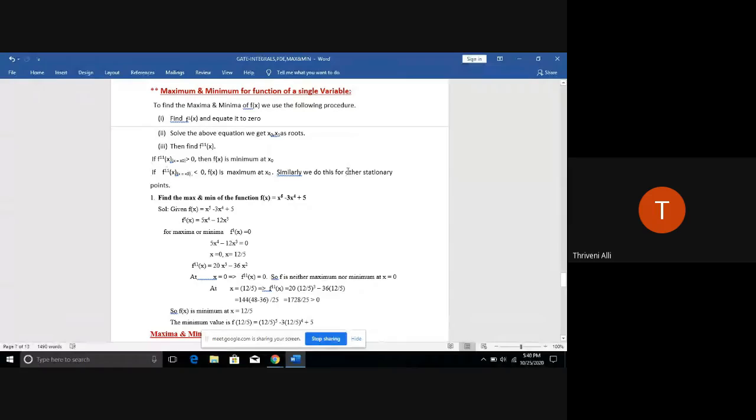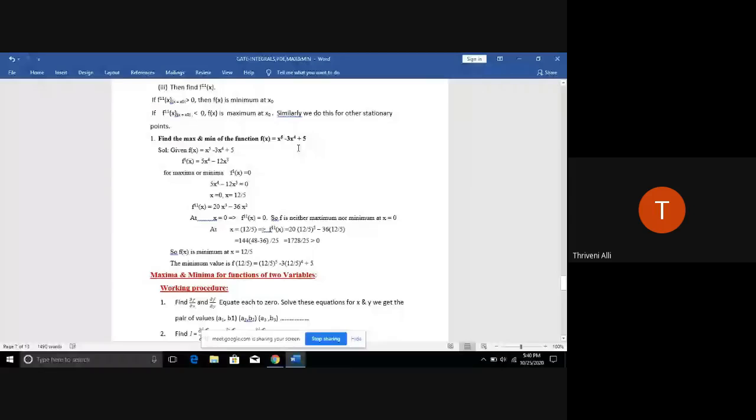For example, find the maximum and minimum of the function. The given function is x power 5 minus 3x power 4 plus 5. What about f dash of x? 5 into x power 4, differentiation.